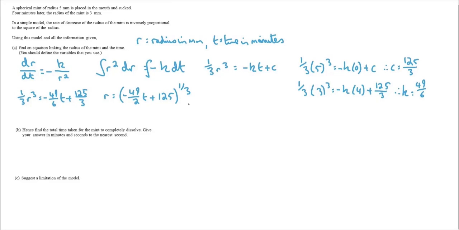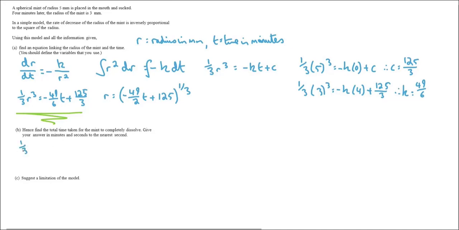With this equation now in hand relating the radius to the time, we can now find out what would be the total time taken for the mint to dissolve, giving it in minutes and seconds. Because we're going to be solving for t, we might as well go from this version of the equation here, because otherwise we'll just have to cube the thing back. Because it's going to have completely dissolved, that means the radius is now 0.